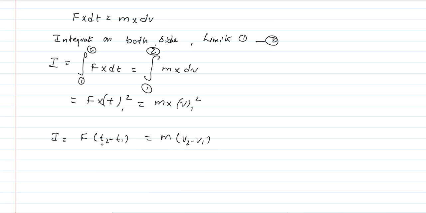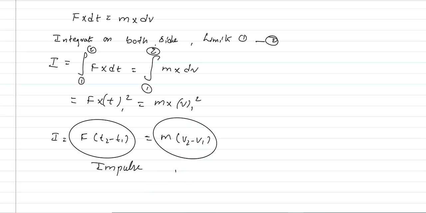In this equation, F into (t2 minus t1) is nothing but impulse, and m into (v2 minus v1) is nothing but momentum. So this equation is the impulse momentum principle.